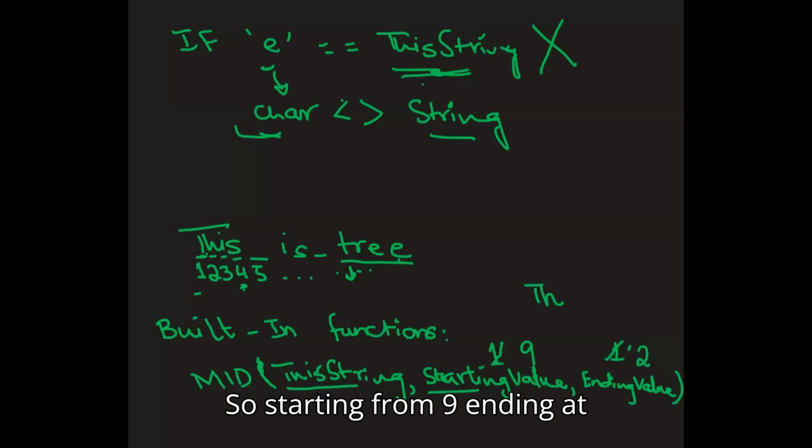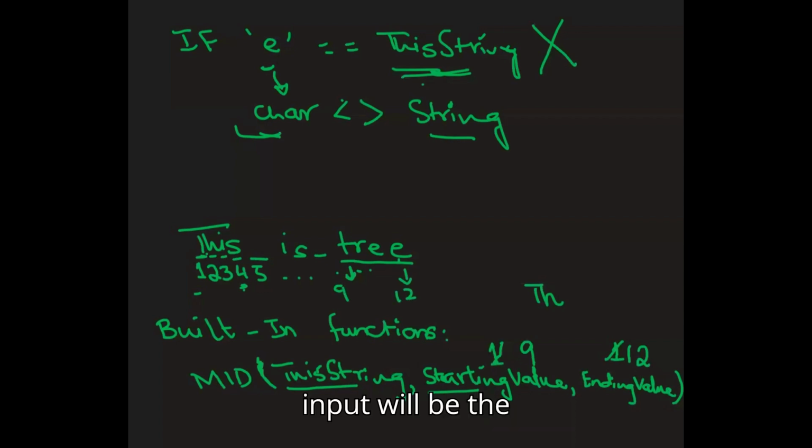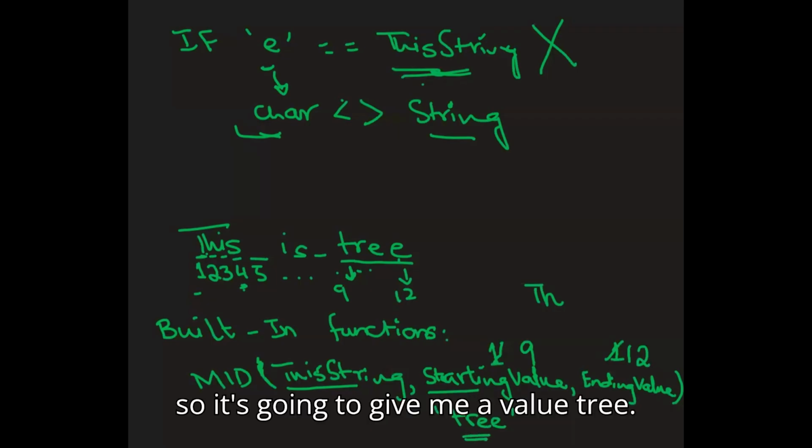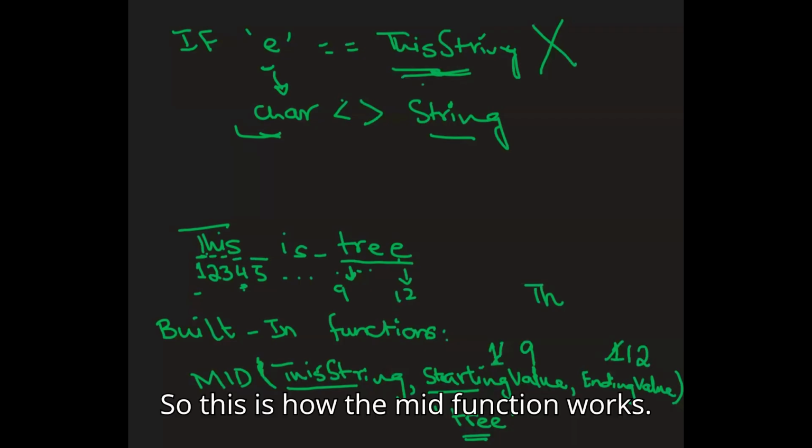So starting from 9, ending at 12, the result of this input will be the string TREE here, okay? So it's going to give me a value TREE. So this is how the MID function works.